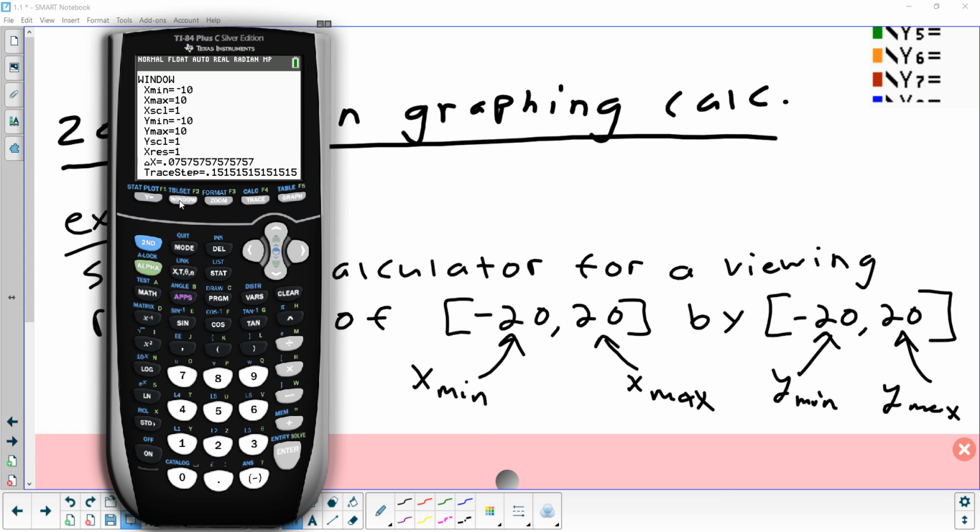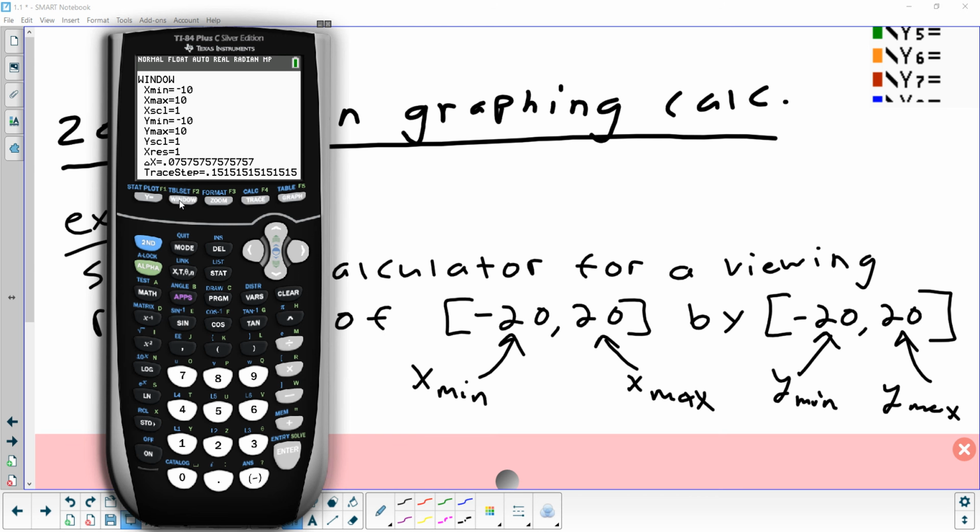Now you have some different things you can type in. You have an x min, an x max, and we're going to do the y min and the y max. It's important when you type in a negative number that you use the symbol that's below the 3 and right next to the decimal. That's the negative sign for a number. The negative button on the right-hand side, that's to do a subtraction problem. And so they're different.